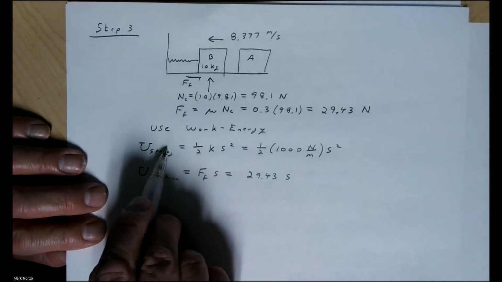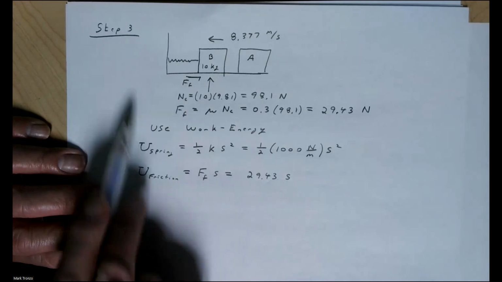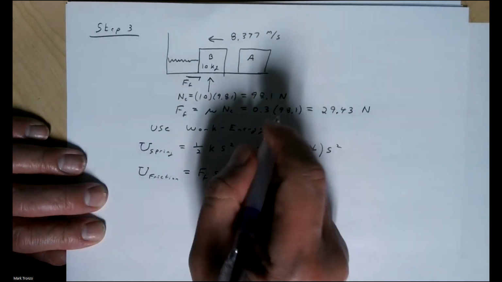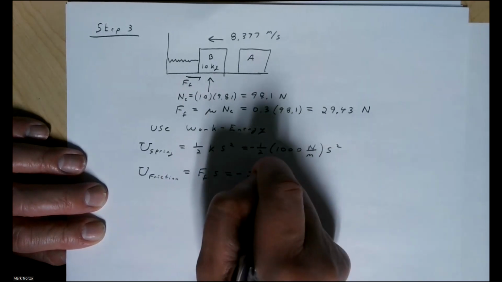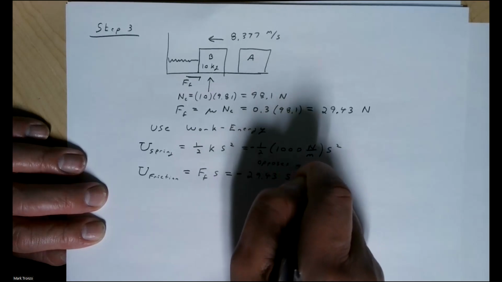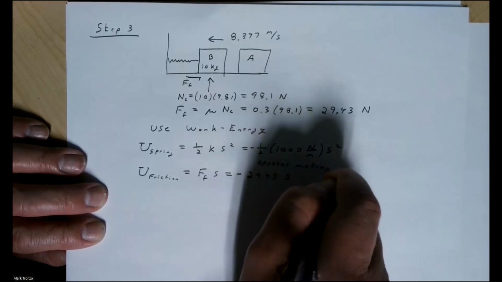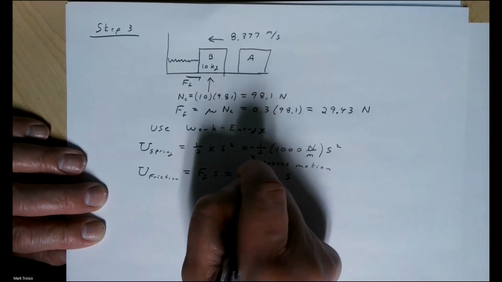Now notice that these are both opposing the motion. The spring is opposing the motion, and so is friction. So we have to put a negative here and negative here. Again, opposes. So that's why we have the negatives here.